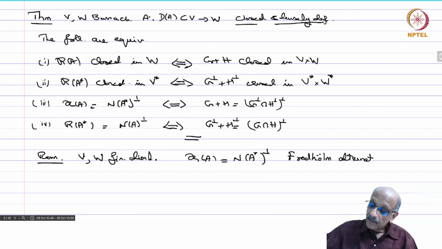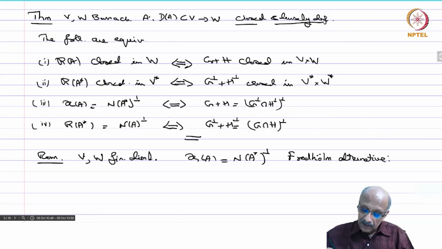And for instance, if you want to solve the equation Ax equals B, where A is a matrix, say m by n matrix. So when will this have a solution? So let us assume that A star y equals 0. Okay.